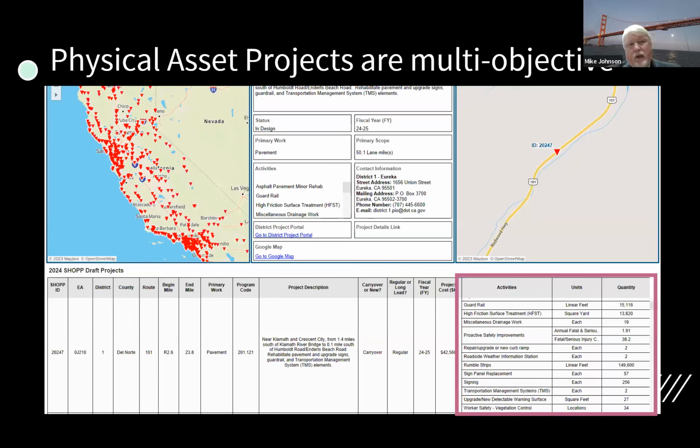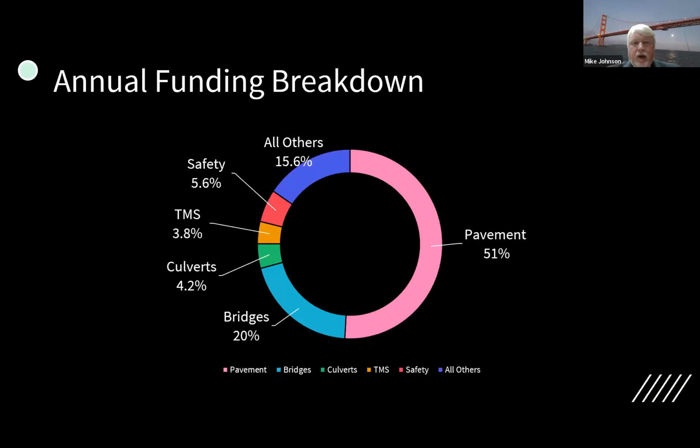So when you look at 51% for pavement from this prior chart and the 20% bridges, just know that the dollars behind this are not all going to asphalt or concrete pavement, or not necessarily all going to what's on the bridge. Some of this may be bridge approach and things like that.